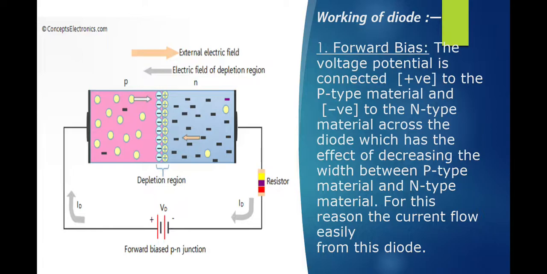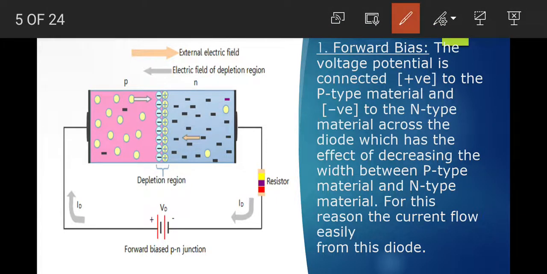Because of that the width between the p-type and n-type material starts decreasing, and because of that current flows very easily through the diode, since the width decreases between p and n type.